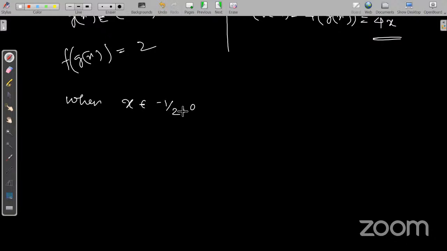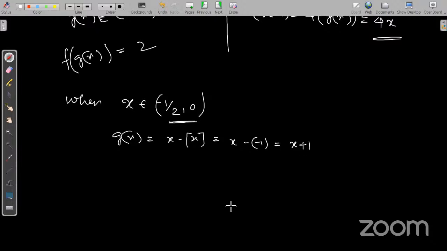Let's check for the third interval, when x belongs to minus half to 0. Here g of x will be x minus the greatest integer function of x. You can choose any point between minus 1/2 and 0, and the greatest integer of that number will give you minus 1, so this will be x plus 1.